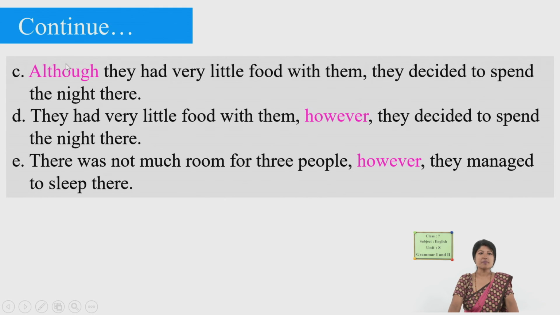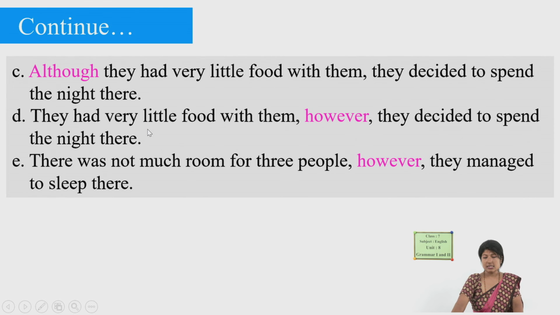Number C. Although they had very little food with them, they decided to spend the night there. Although, right? We have already discussed this as well. Number D. They had very little food with them. However, they decided to spend the night there.